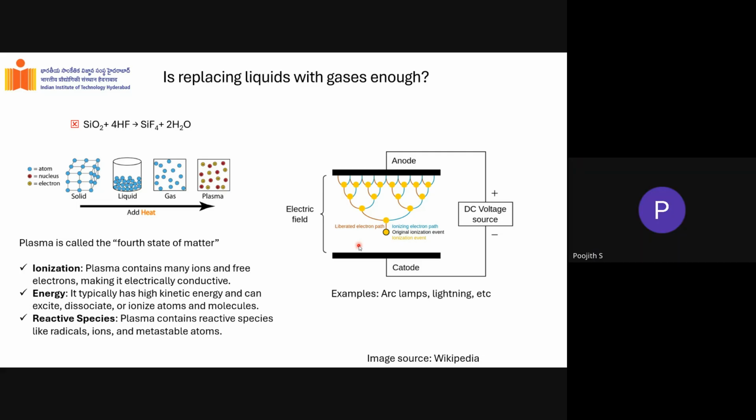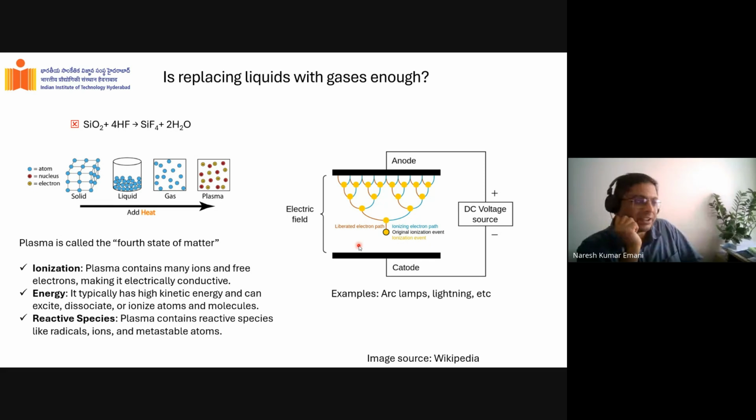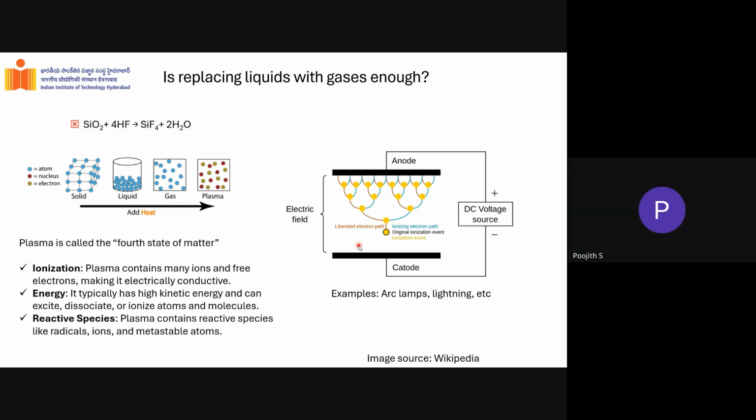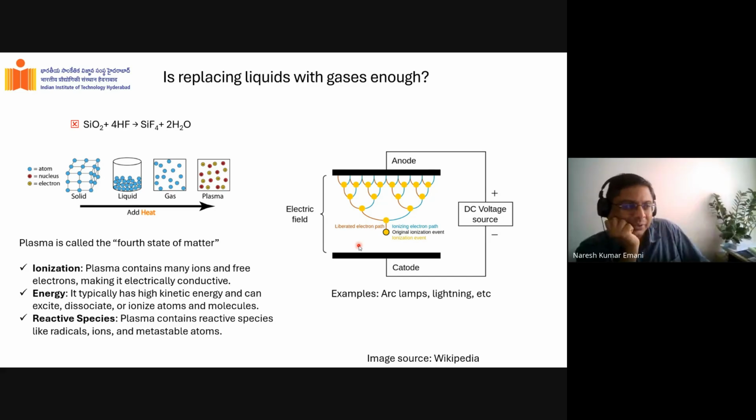Mean free path will decrease with increasing pressure. Very good. So if the pressure is less, the mean free path increases, and so your atoms can go a longer distance before encountering another collision event.